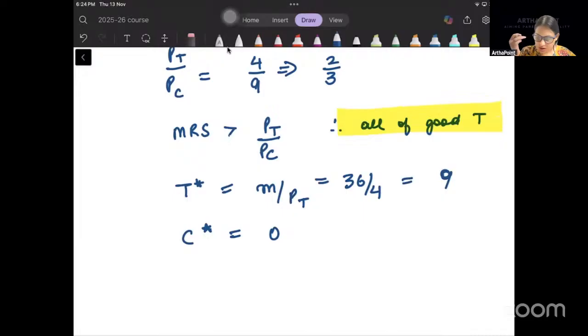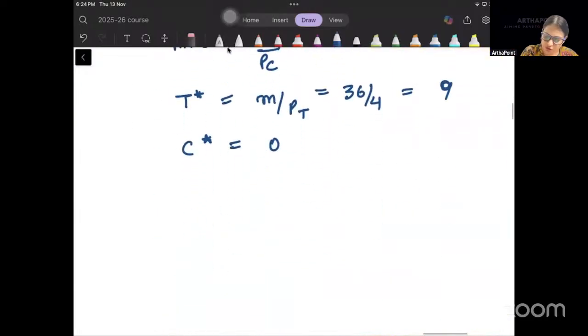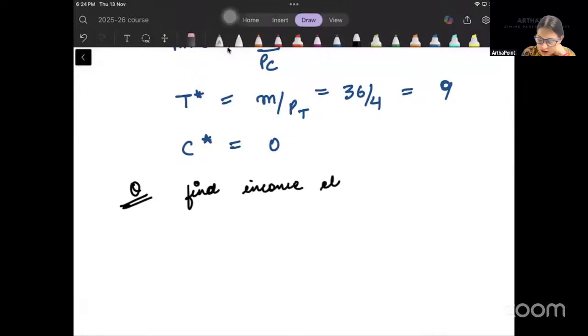Okay. Question number 3 from this. Find income elasticity of good X. Give it a try.